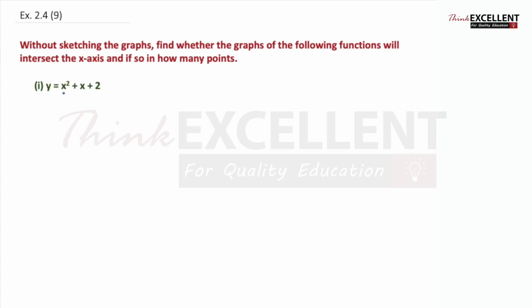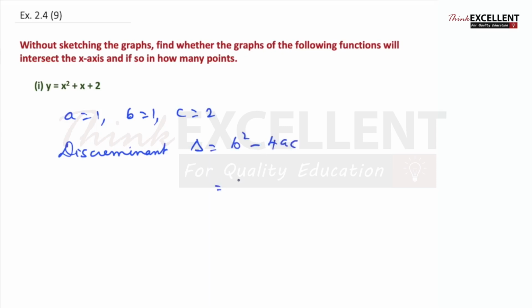So one quadratic polynomial is given, right? Y equal to. So we find the discriminant. Delta: A value 1, B value also 1, C value 2, right? So you find out the discriminant. Delta is equal to B square minus 4AC.